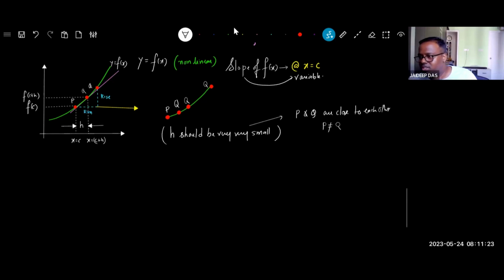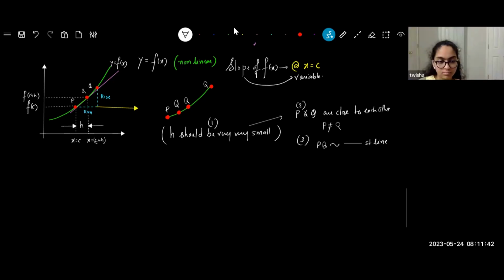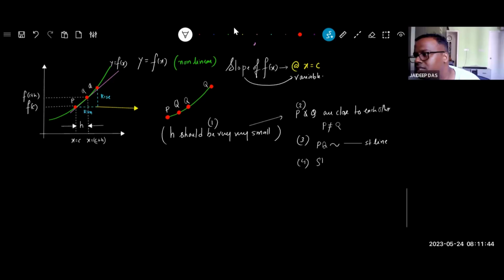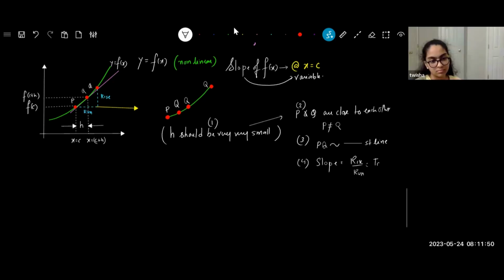And if both of these are true, then PQ is almost a straight line. And if that is true, then I can say slope is equal to rise over run, or tan theta.